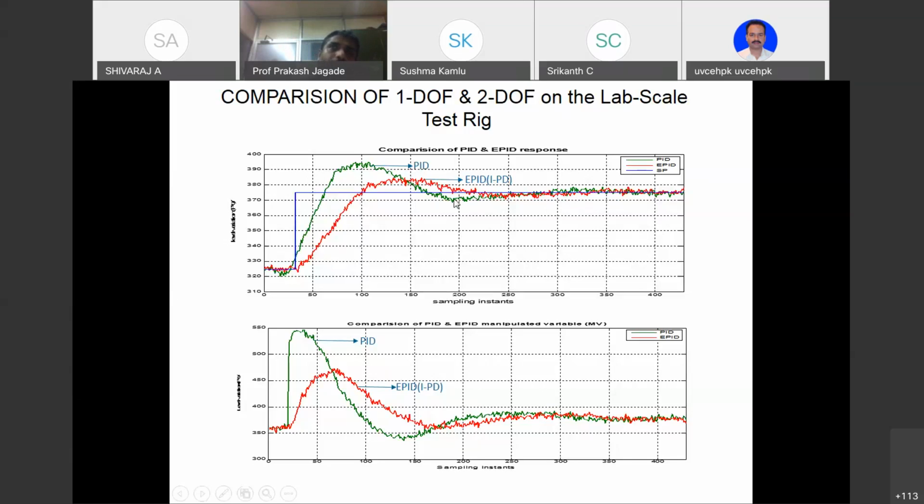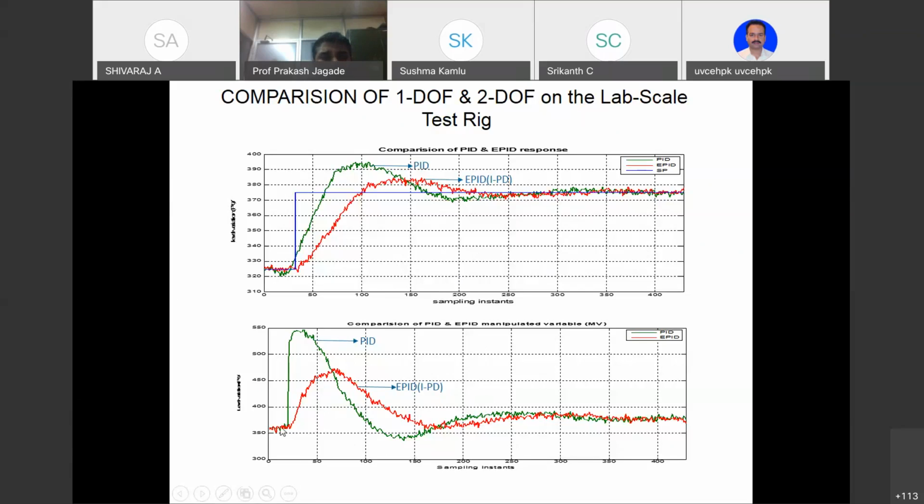So this is with respect to the output. With respect to the controller output, here what we have shown is how the process variable is changing with respect to time, and the evolution of the PID controller output is present in the second figure. This is controller output versus time, and this is process variable versus time.